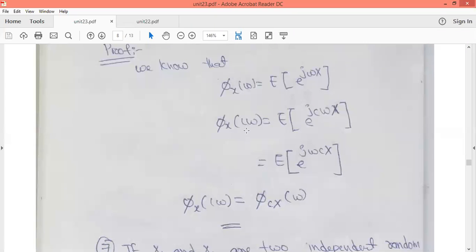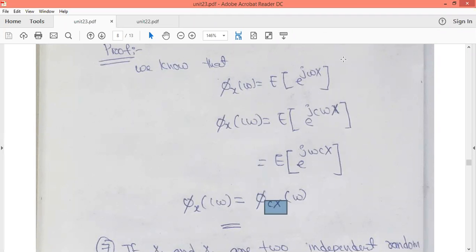Now phi x of c omega: omega should be replaced with c omega. So we get e power j c omega x. Now this can be written as the expectation of e power j omega cx. In the place of x, we have cx, no? That is why phi x of c omega will be equal to phi cx of omega.